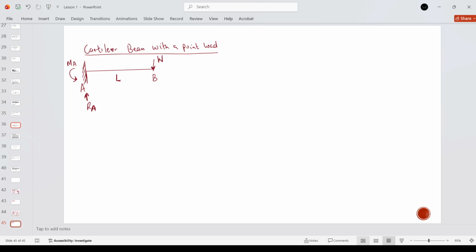Equilibrium equation? Okay, give me one, I'll give you the other. Nicholas, can you help the class?